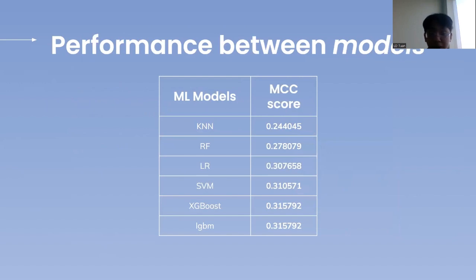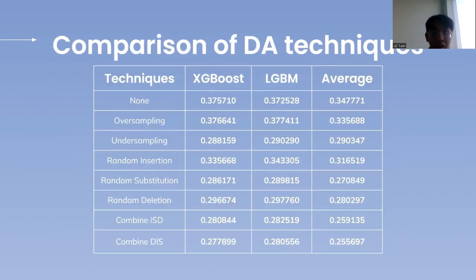We can compare the performance of each model by the average MCC score. The best performing models are XGBoost and LGBM, with about a 31% score, which is relevant and equivalent to other work in papers before.